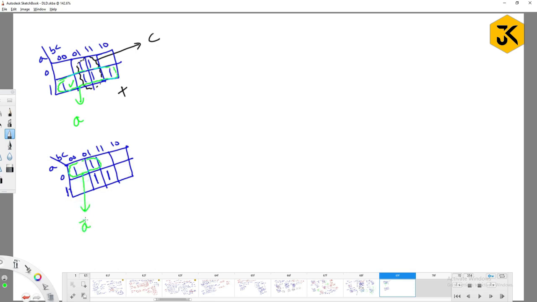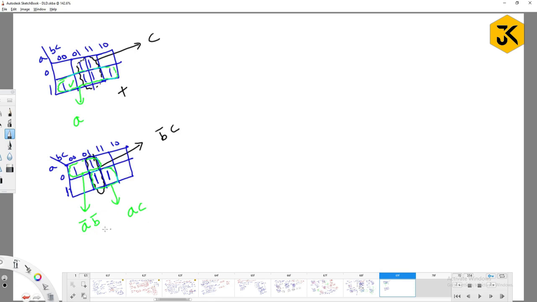A bar B bar, right? Similarly, can I combine these two? Yes or no? If I combine these two, what value are you going to get? A C. Is there another combination? Yes. You are going to get another combination like this. What is this combination yielding? B bar C.